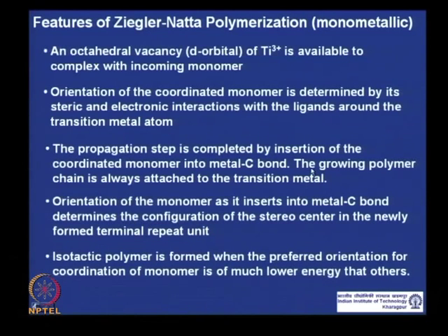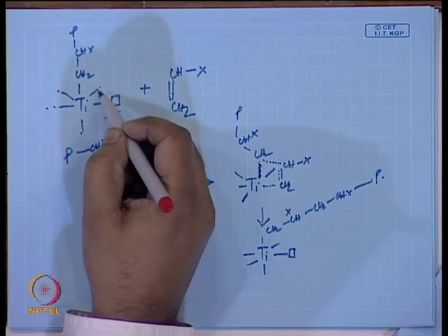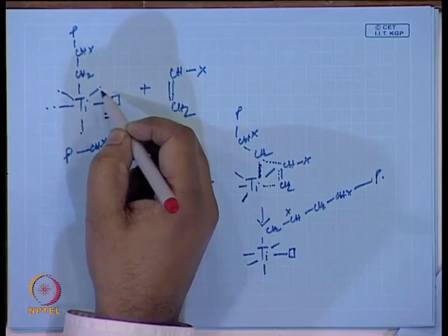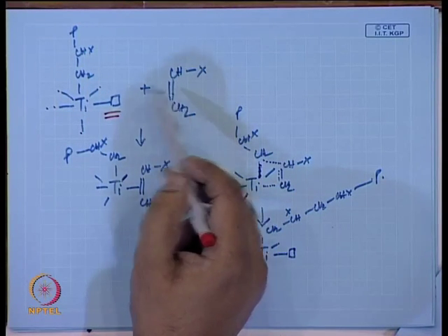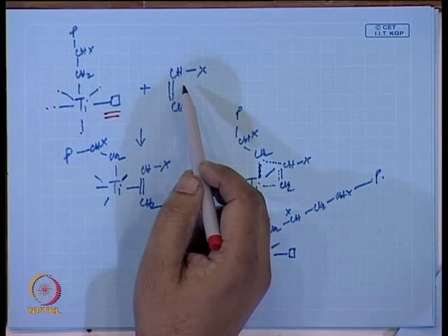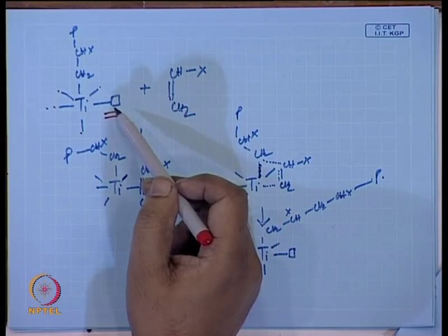The orientation of the coordinated monomer is determined by the steric and electronic interaction with the ligands around the transition metal. So, basically these are the ligands, in this case chloride, and their steric and electronic interaction with the monomer determines the orientation of the coordinated monomer.